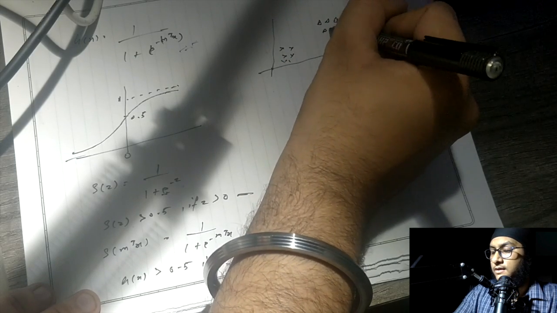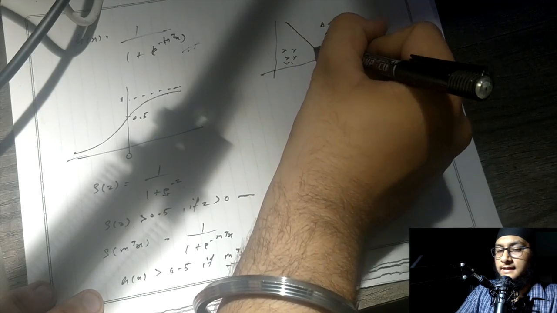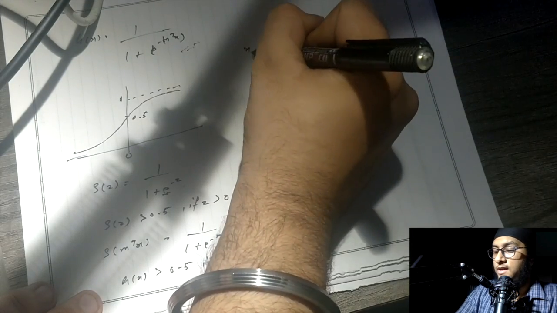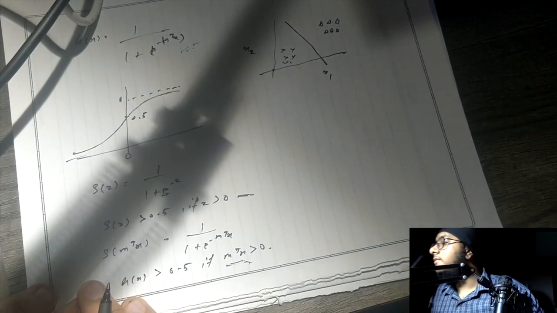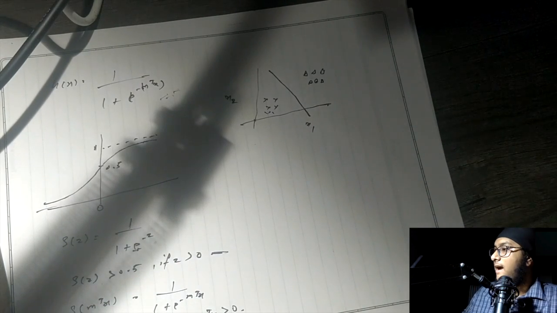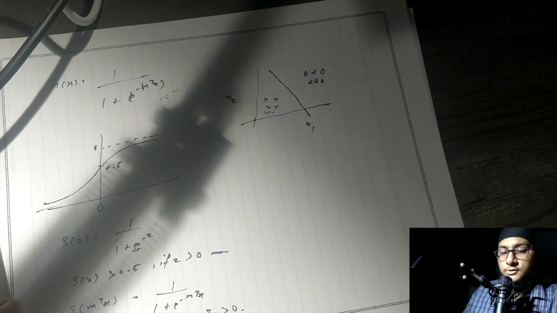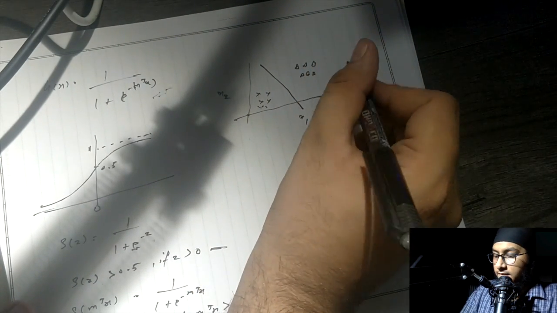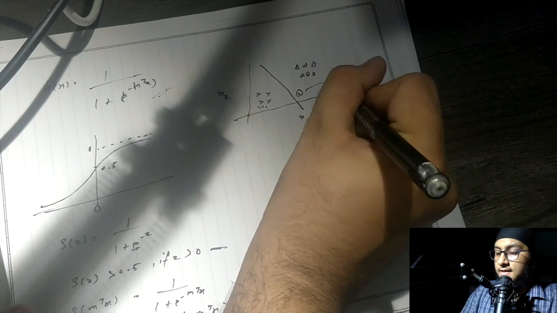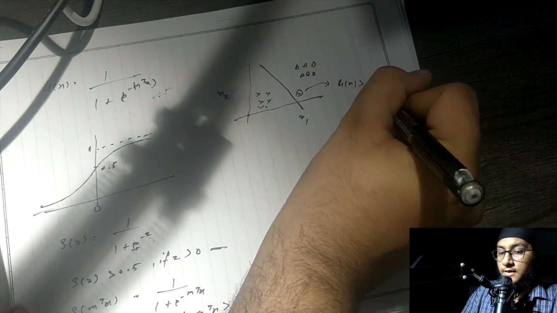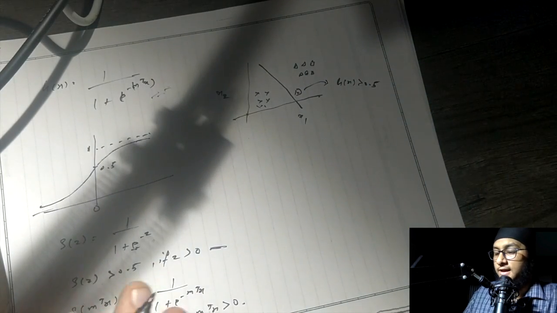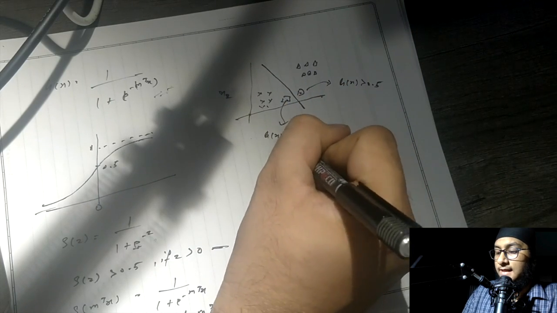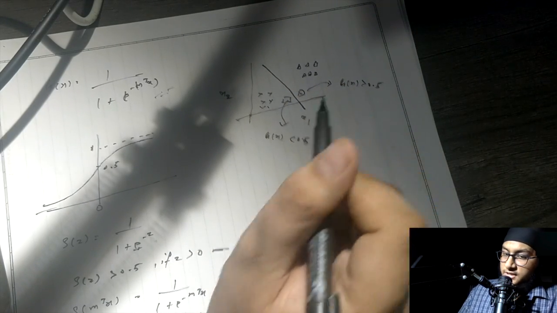So we have a binary classification graph, and the decision boundary goes something like this, with x1 here and x2 here. If a data point lands over here, then h of x is greater than 0.5, and it would predict accordingly. If the point lies over here, then h of x would be less than 0.5, and the prediction would be accordingly.